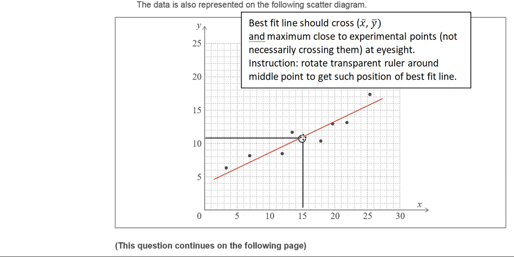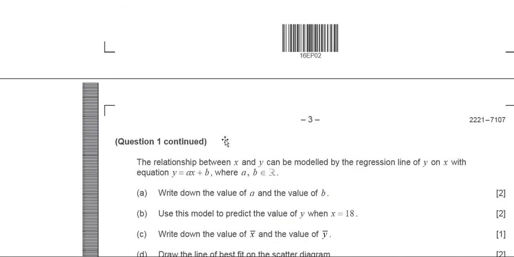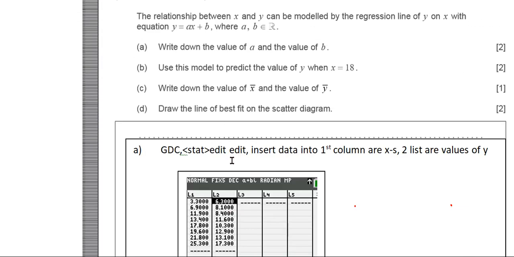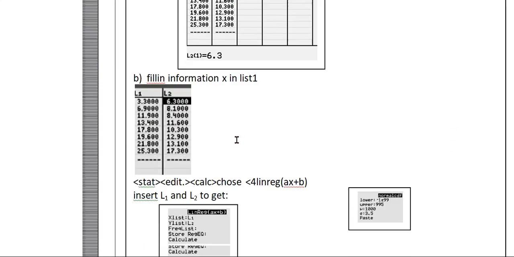Then, if you have a transparent ruler, turn this ruler around until the position where some points are up, some points are down, and very close to my line. So this is called the best fit straight line. We did it.